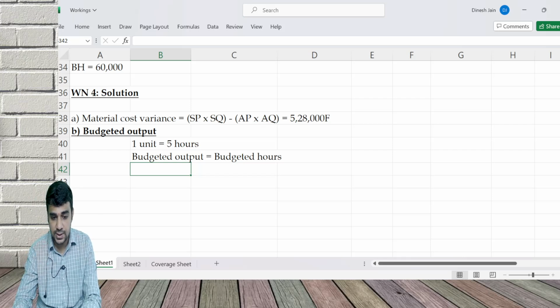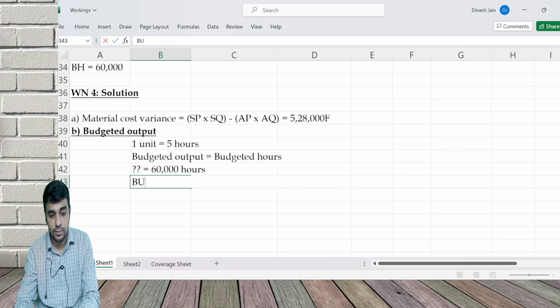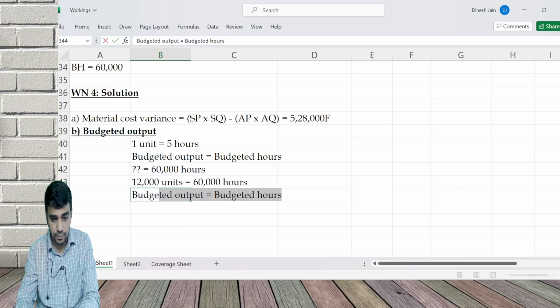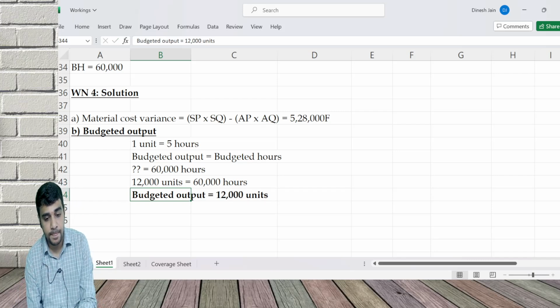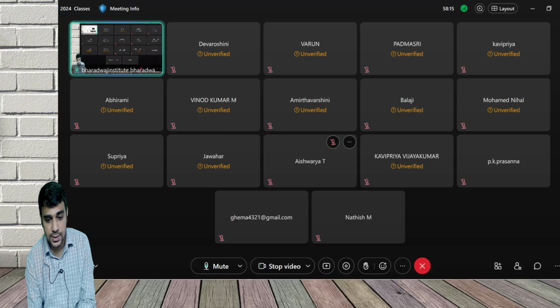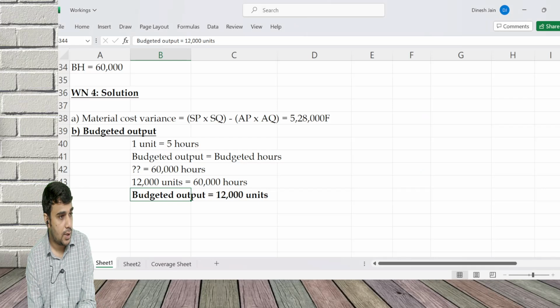How much is the budgeted hours? 60,000. Tell me the budgeted output. One unit equal to 5 hours. 12,000 units. Any doubts on this? Can you proceed?